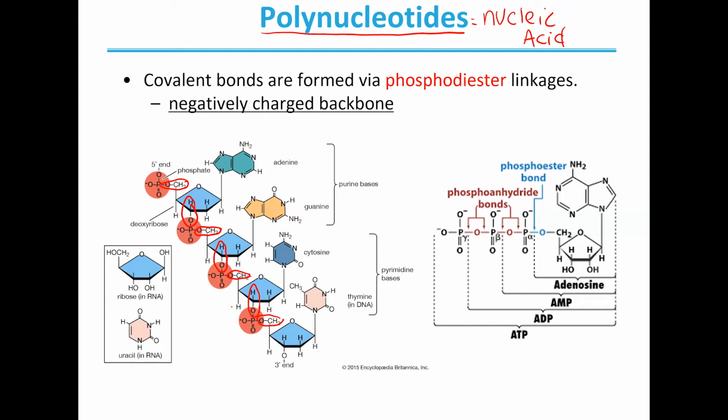Now, again, this is numbered based on the sugar, where this carbon is 1', this carbon is 2', this carbon is 3', this carbon is 4', and our carbon in our CH2OH up here is 5'. So remember, this is where the 1, 2, 3, 4, and 5' are coming from. So this is how that phosphate group is attaching itself from one of our nucleotides to another nucleotide.